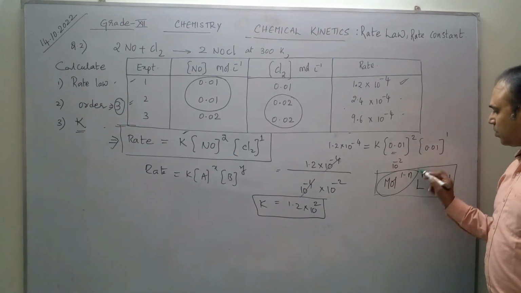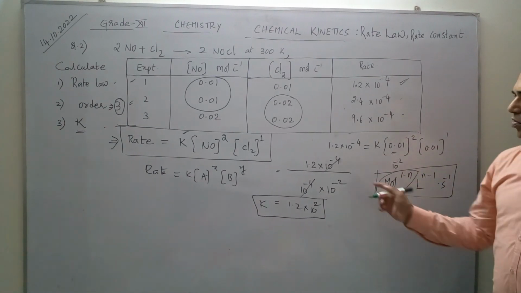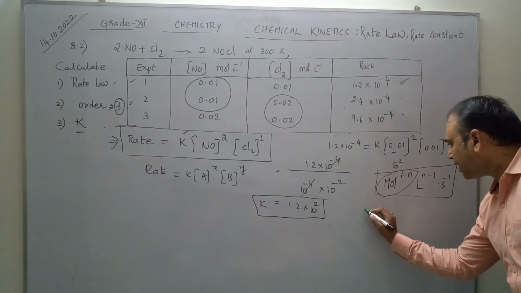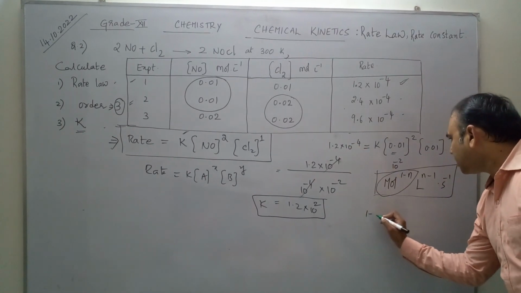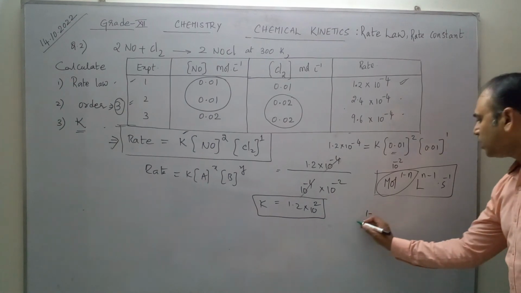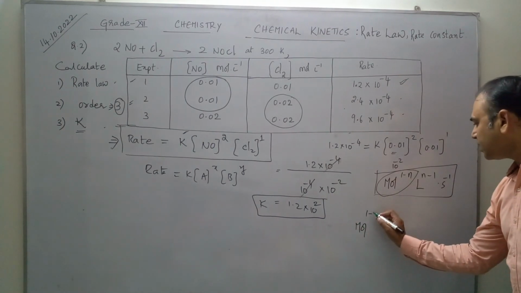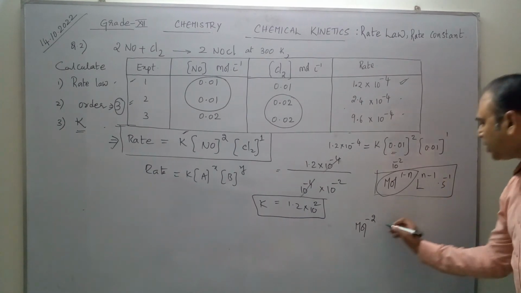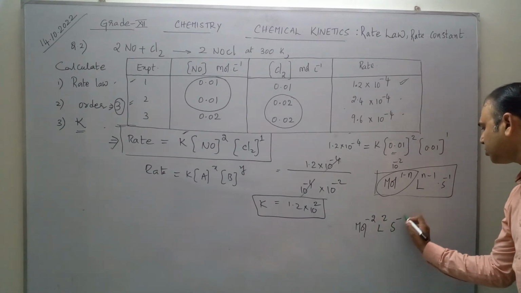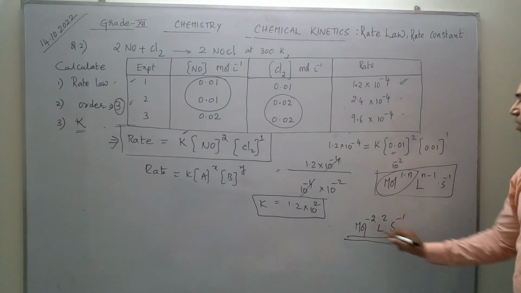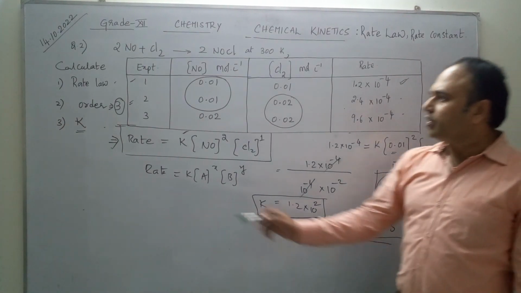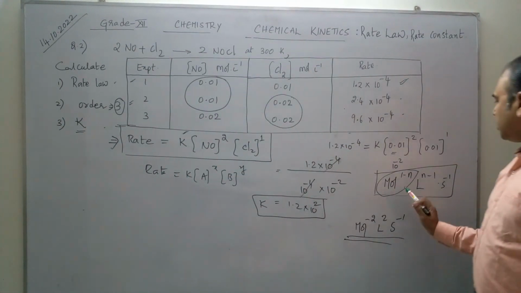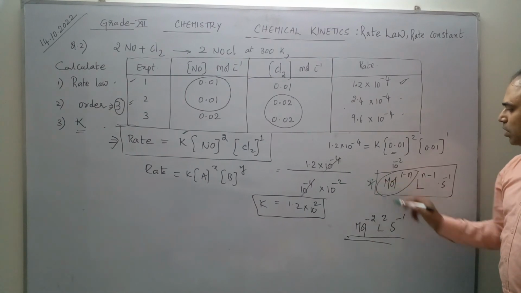We know the n value, substitute that and find out what that is. We get 1 minus 3, so mole to the power 1 minus 3 is nothing but minus 2. 3 minus 1 is 2, and s to the power of minus 1. So this will be your unit. So very simple. When you get the order that is 3, substitute in this particular formula to get the unit.